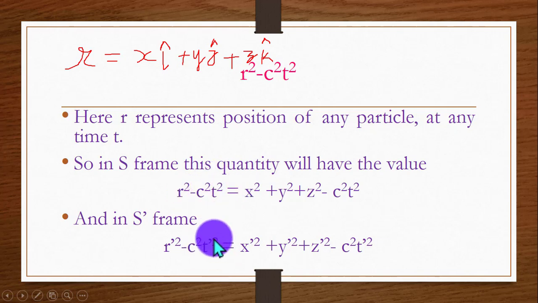But c is going to remain the same according to the second postulate of special theory of relativity, that the speed of light is the same in all inertial frames of reference. So here r prime square minus c square t prime square will be equal to what? r prime square in the S prime frame will be equal to x prime square plus y prime square plus z prime square, and minus this quantity c square t prime square. Clear?